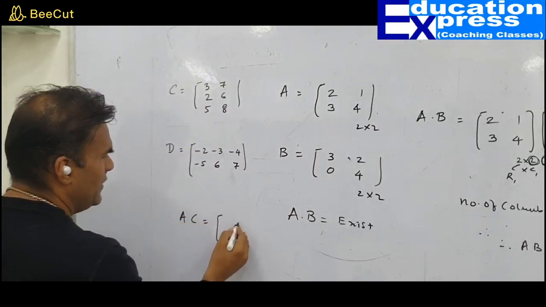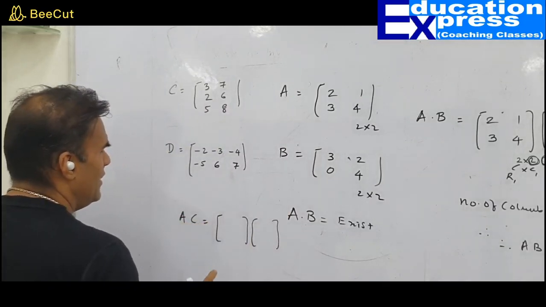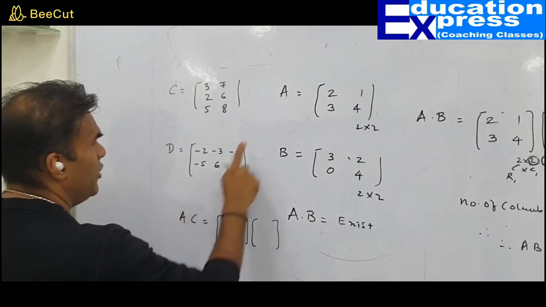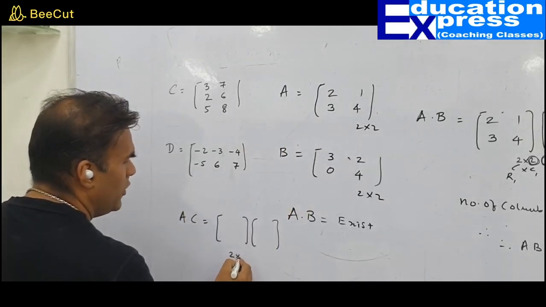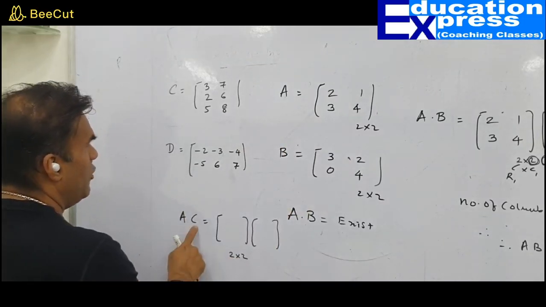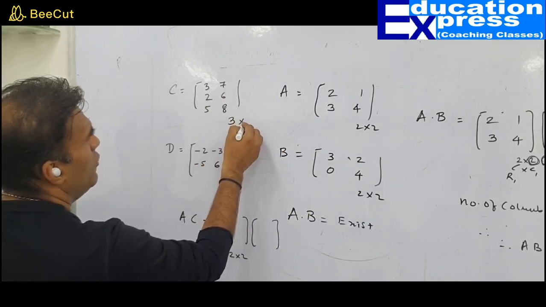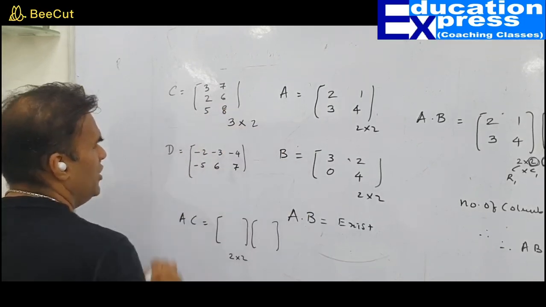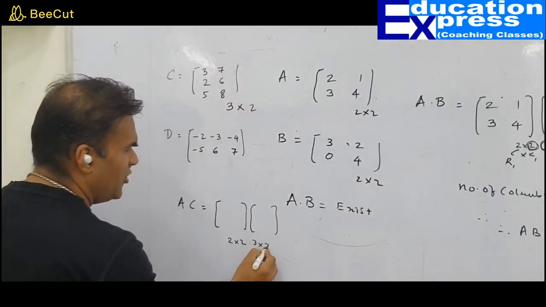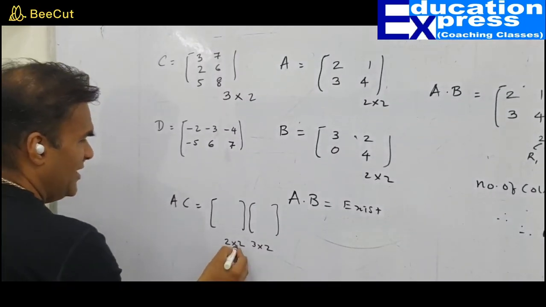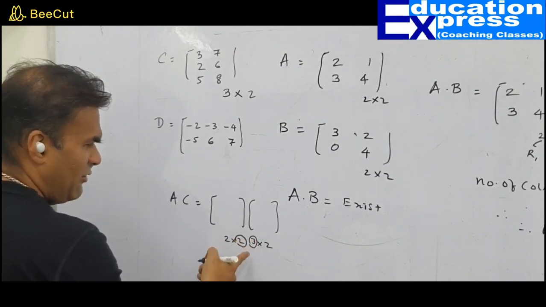AC. A and C. Can anyone tell me the order of A? Sir, 2 into 2. What is the order of C? Sir, 3 rows and 2 columns, 3 into 2. Is this 2 and 3 equal?